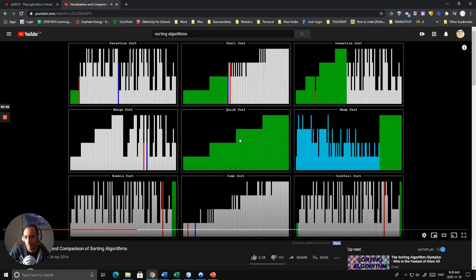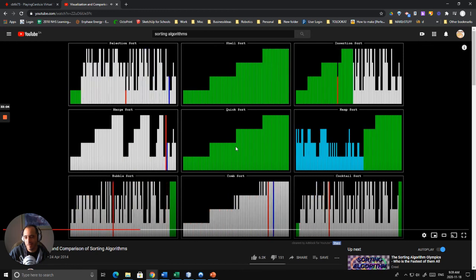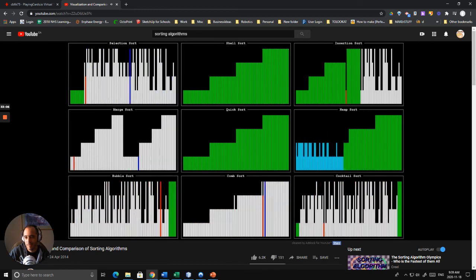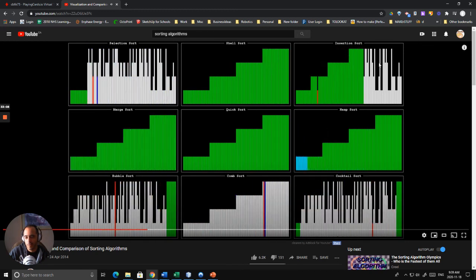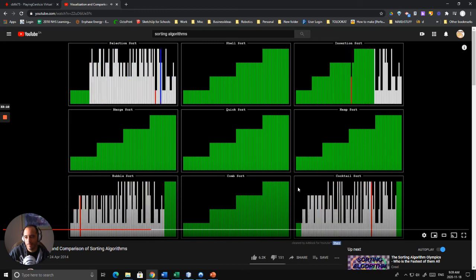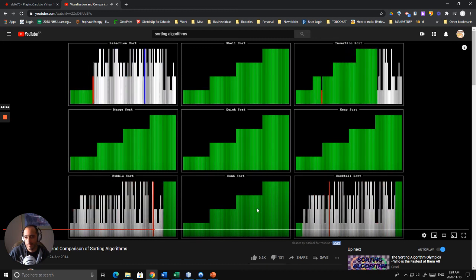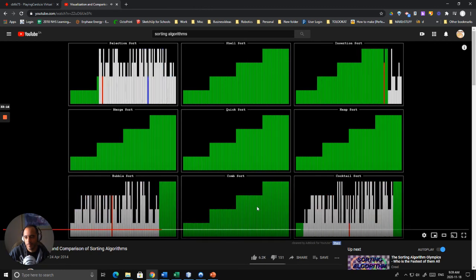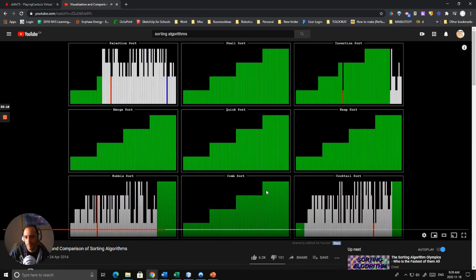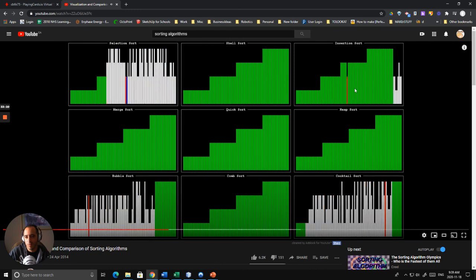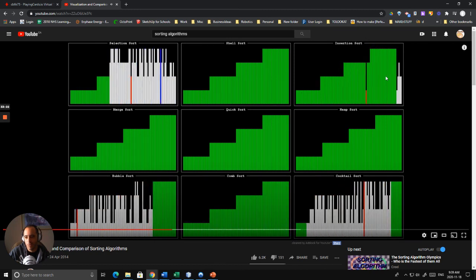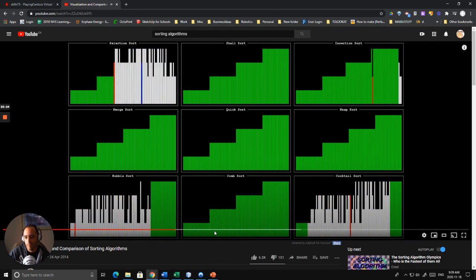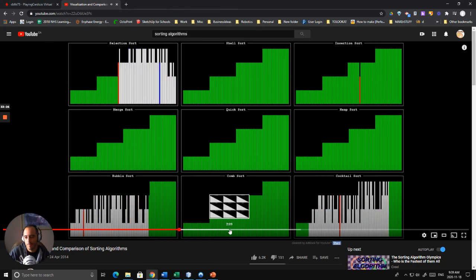So let's just look at what's happening. Quicksort's already done. Insertion sort seems to be doing quite well here. In this case, this is the sort of thing that favors insertion sort finishing well before those.